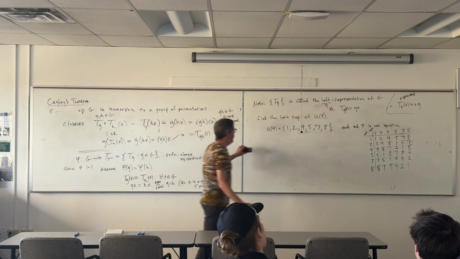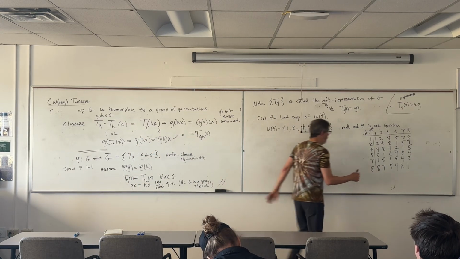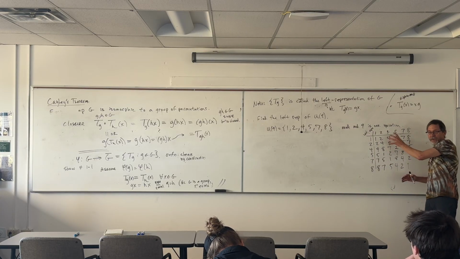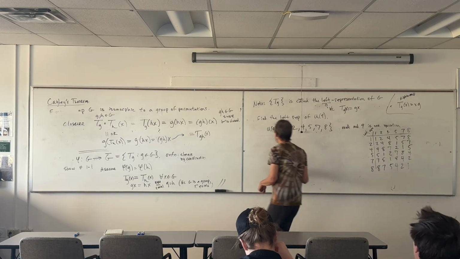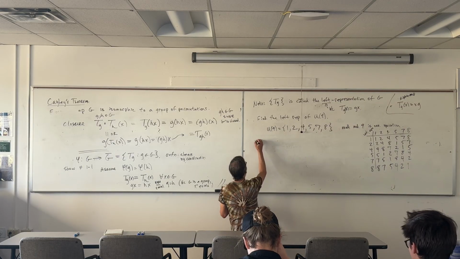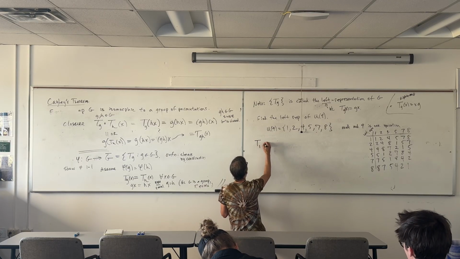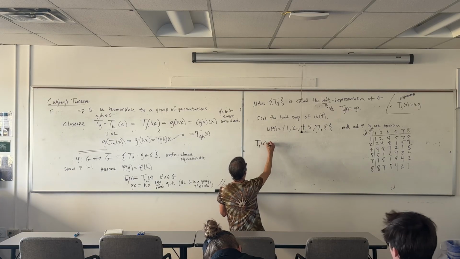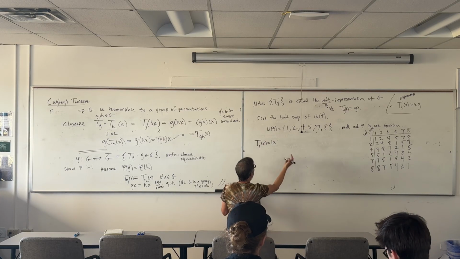All right, so what is this representation, left multiplication? So we're cranking out the U9, the unitary mod 9 group. Let's take a look at some of our transformations. T1 is going to be the permutation that's just left multiplication by 1, so it's the identity element.